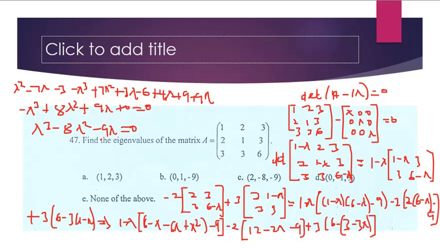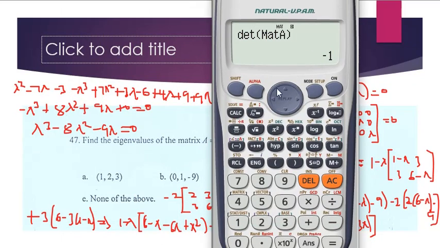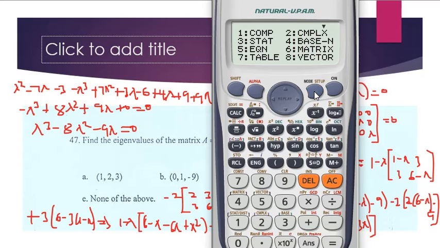So now let's try to punch this on your calculator, and let's see the final answer you arrive at. This is a cubic equation, so we choose option 4.